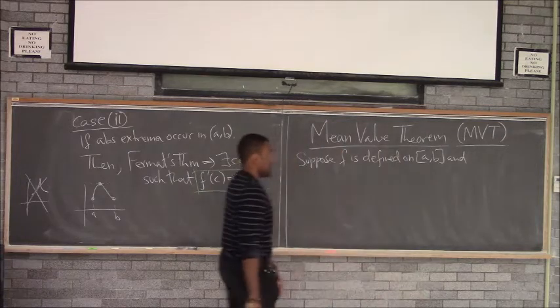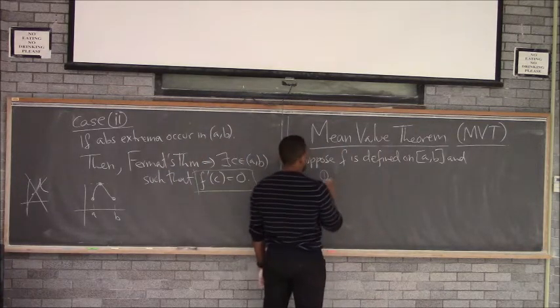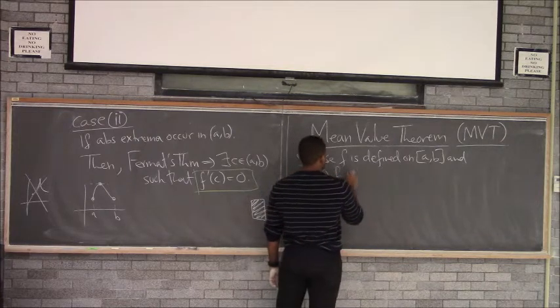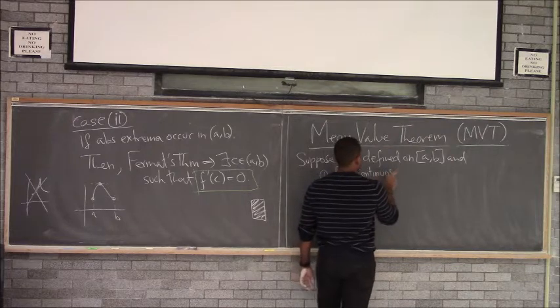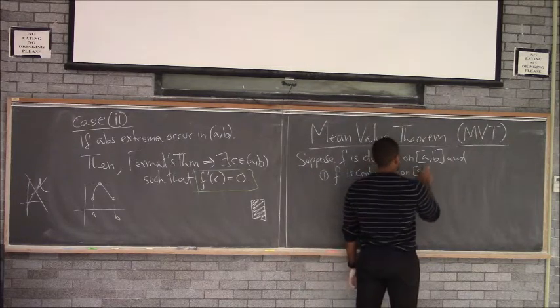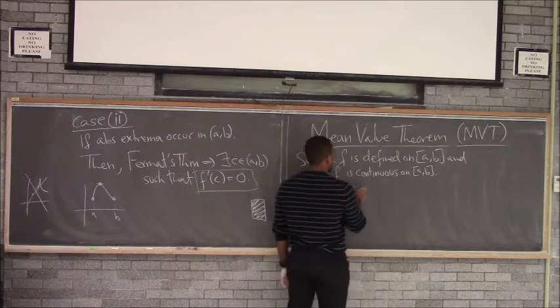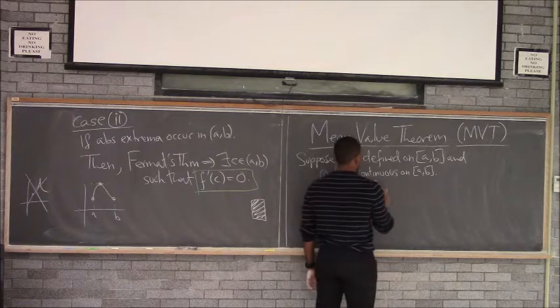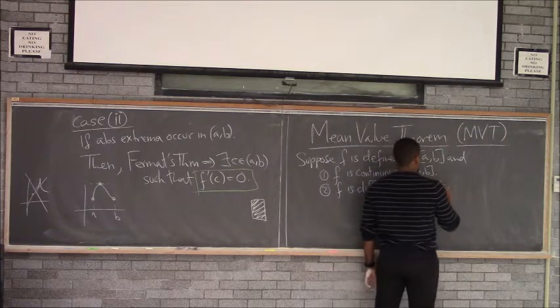We have a function defined on a closed interval such that 1, f is continuous on the closed interval. 2, f is differentiable on the open interval.